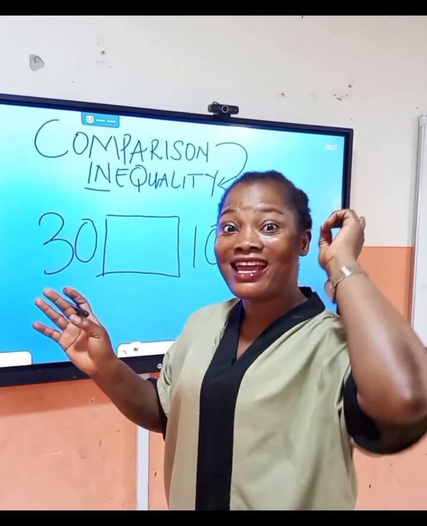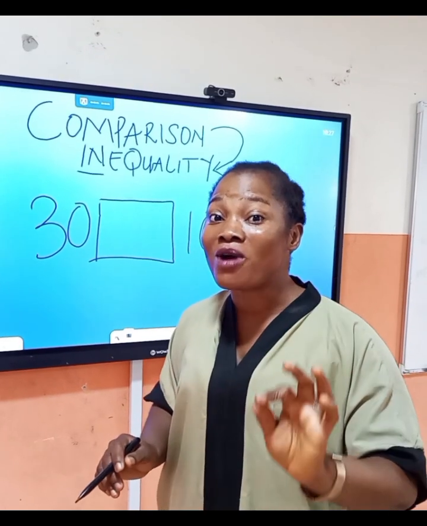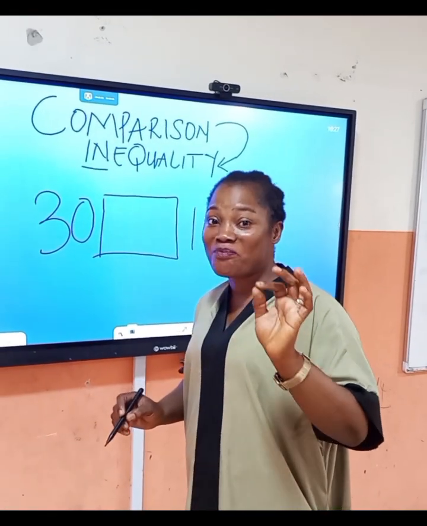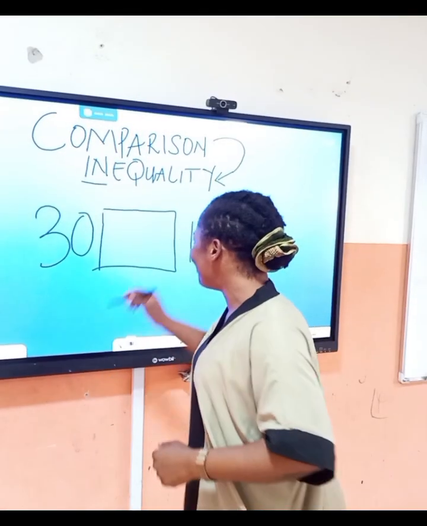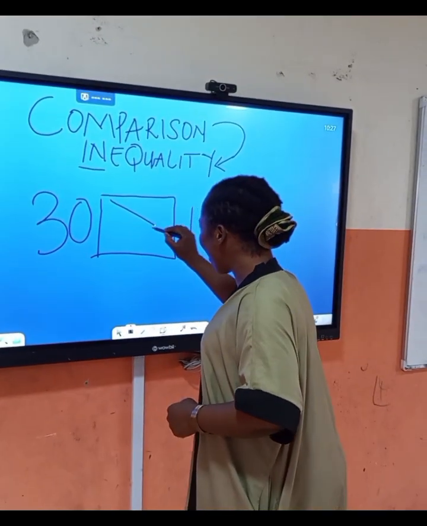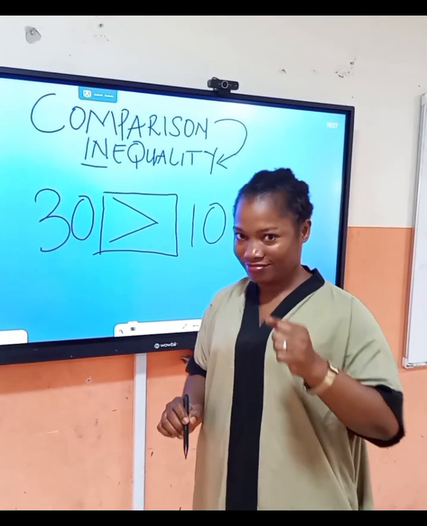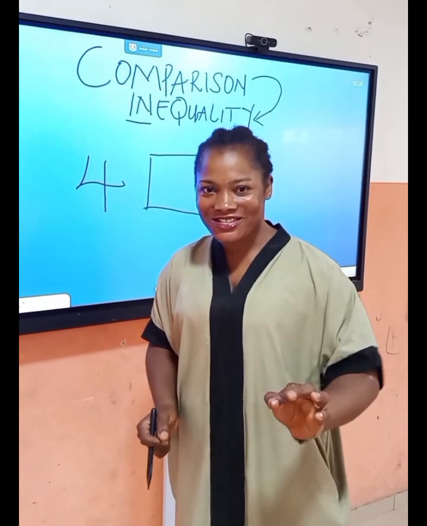Yes, 30 is bigger, 30 is greater. So let's put our inequality sign. Remember the inequality sign, the part that is greater is an open mouth. So I'm going to place an open mouth to 30. Is that understood?